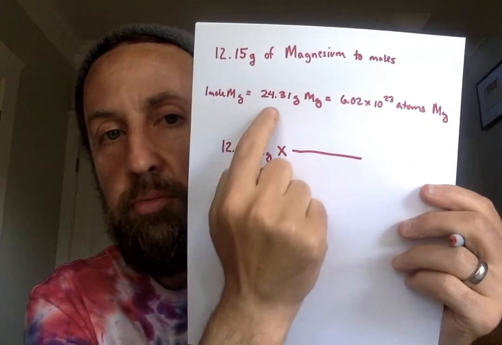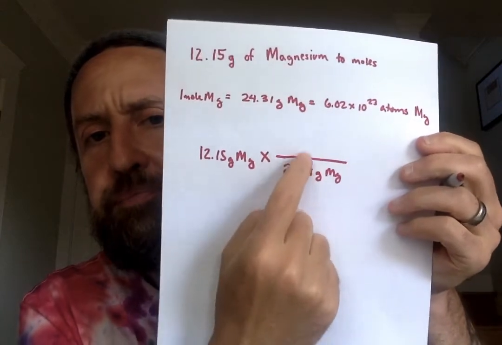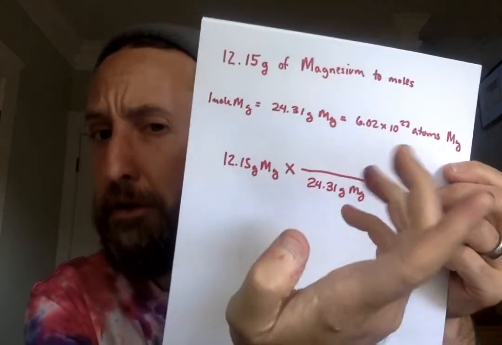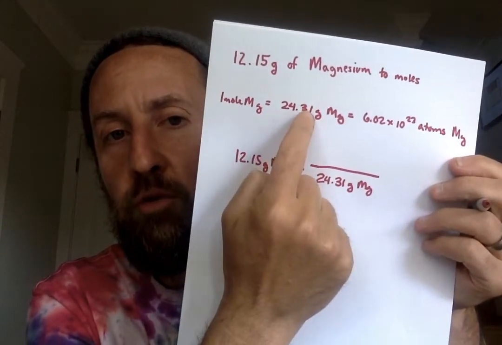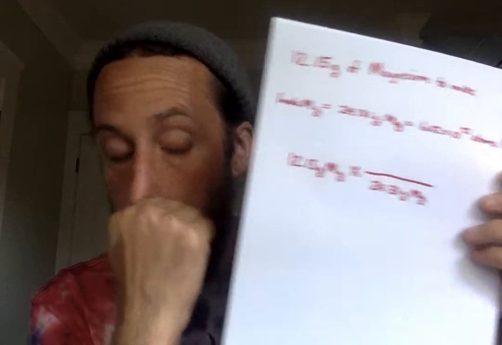So I'm going to be putting grams on the bottom of the ratio to cross it off. And so 24.31 grams of magnesium there on the bottom. And then I want moles. And so I know that in 24.31 grams of magnesium, I've got 1 mole of magnesium.